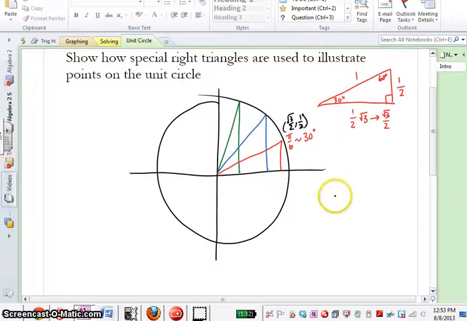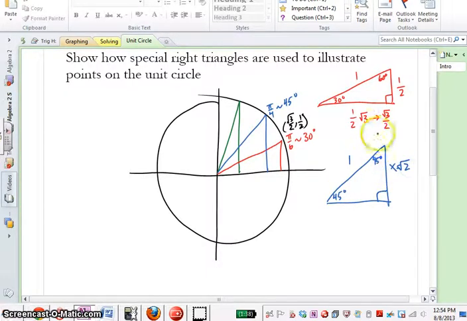The same ideas can be applied to the blue triangle, which is a pi over 4, which is similar to a 45-degree angle, which means that we have a 45, 45, 90 triangle, or an isosceles right triangle with a hypotenuse of 1, which means that these two sides, the legs, must be in a ratio of x square root 2 to x.